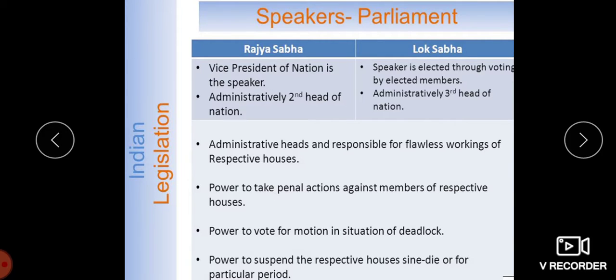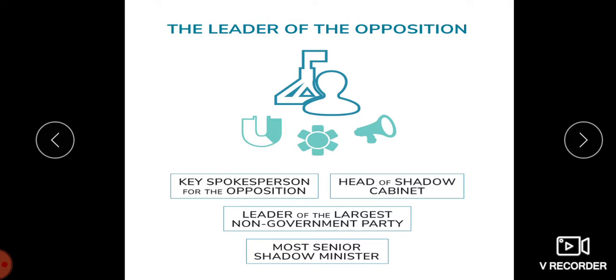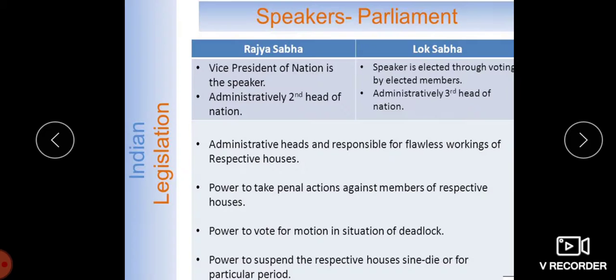All the bills. You can see here, children, the Speakers of the Parliament, Rajya Sabha and Lok Sabha, the differences. The Vice President of the nation is the Speaker here. Here the Speaker is chosen through voting by elected members. Administratively the second head of the nation, and administratively the third head.